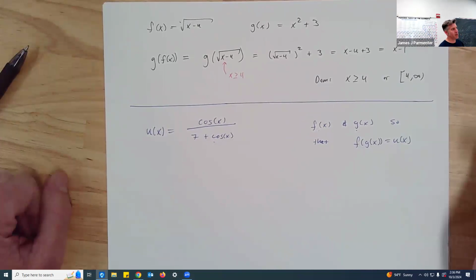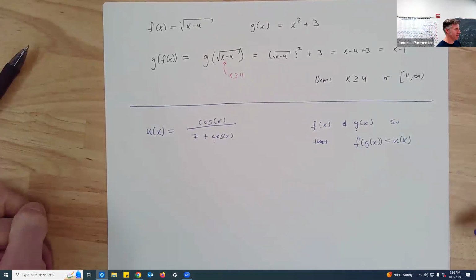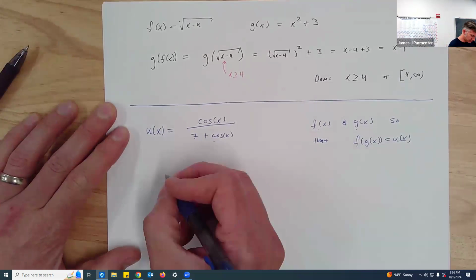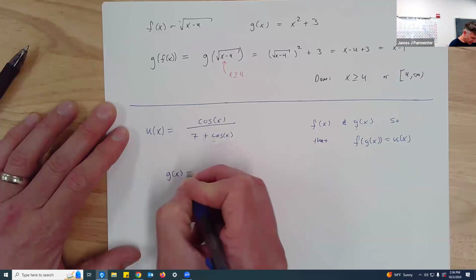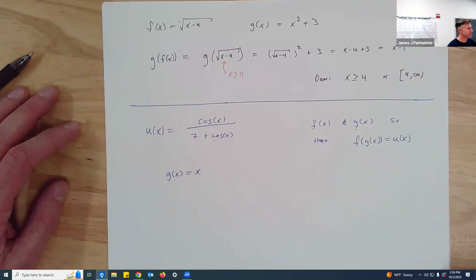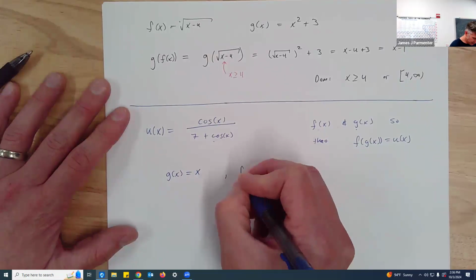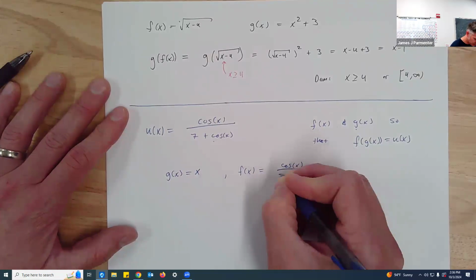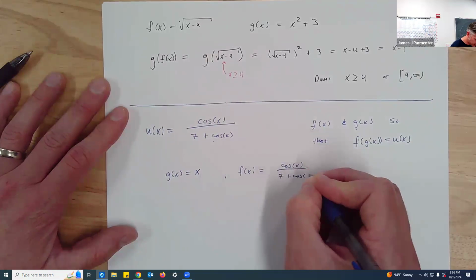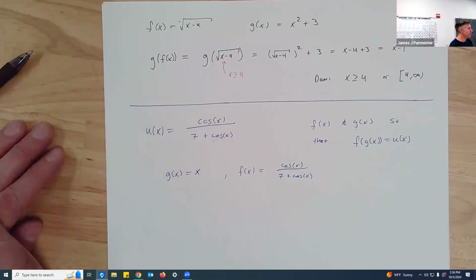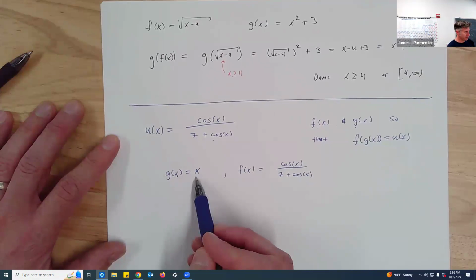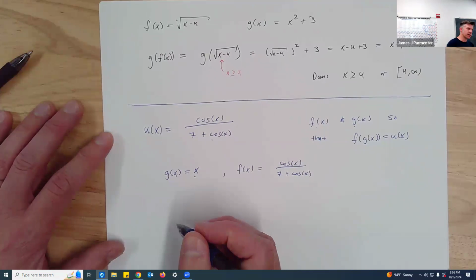So here would be a technically correct answer, but really not exciting. I could say that g of x was x and f of x is cosine of x over 7 plus cosine of x. Technically, that fits the bill, because if I do f of g of x, everywhere I see an x, I plug in g of x, which is equal to x. Feels kind of lackluster.